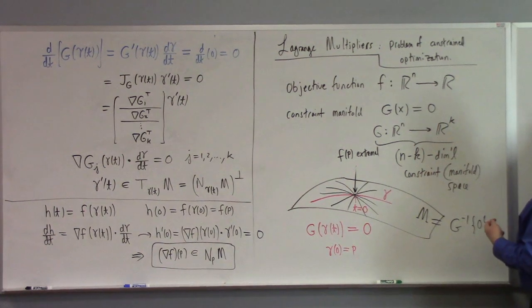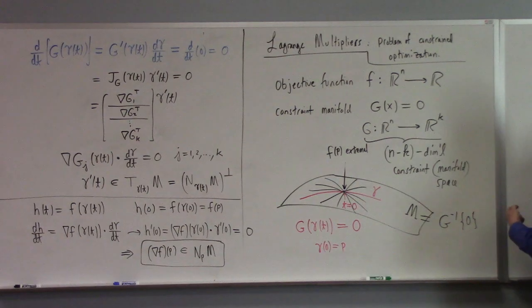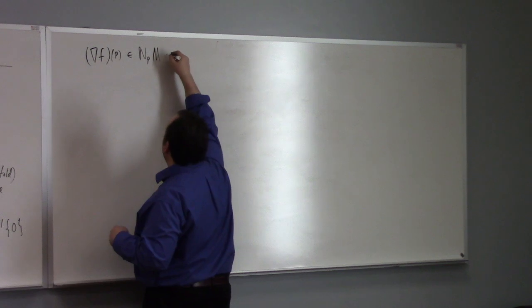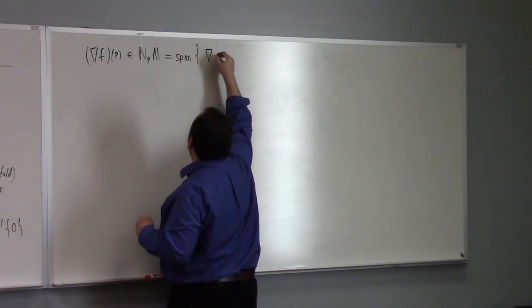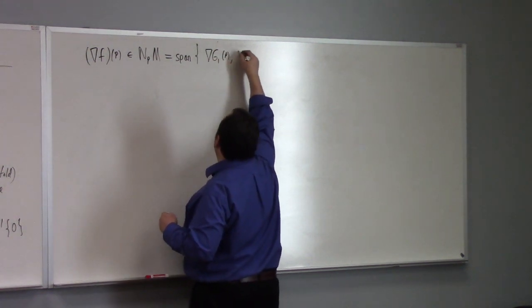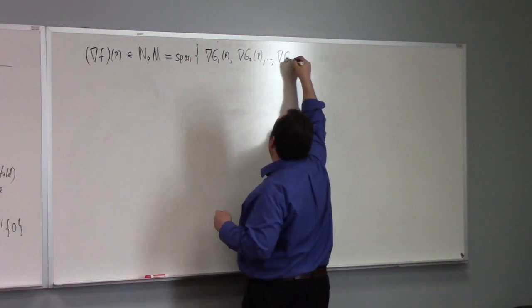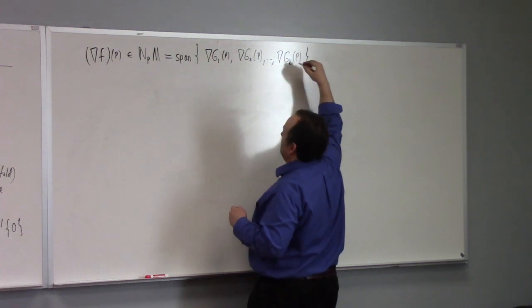So this means that the gradient of f at the point P has to be in the normal space to the constraint surface at P. But that's equal to the span of the gradient of the first constraint function, the second, and indeed the kth constraint function at P. And what does that mean?